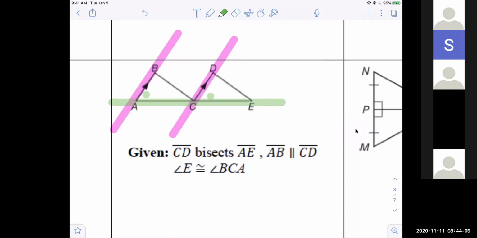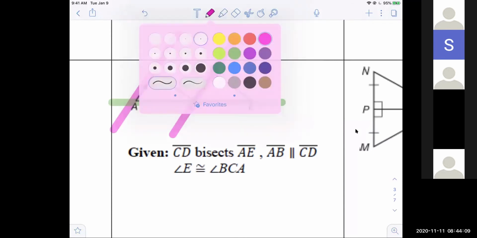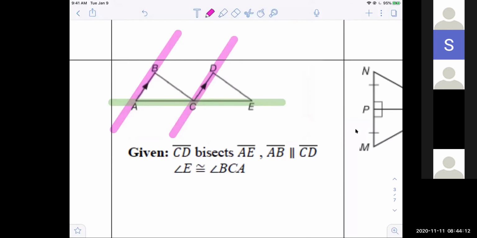So let's write everything else that we know. Since segment CD bisects segment AE, those segments would be congruent, and that is the definition of bisector. Then we have parallel was given, and then angle E, which is here, congruent to angle BCA, which is here.